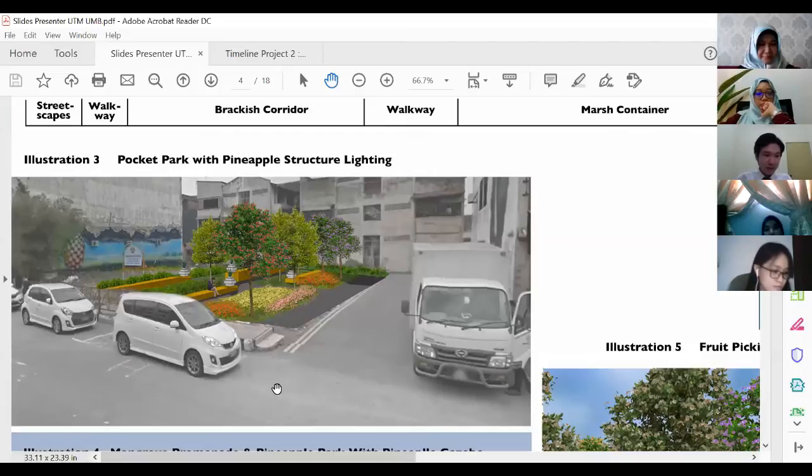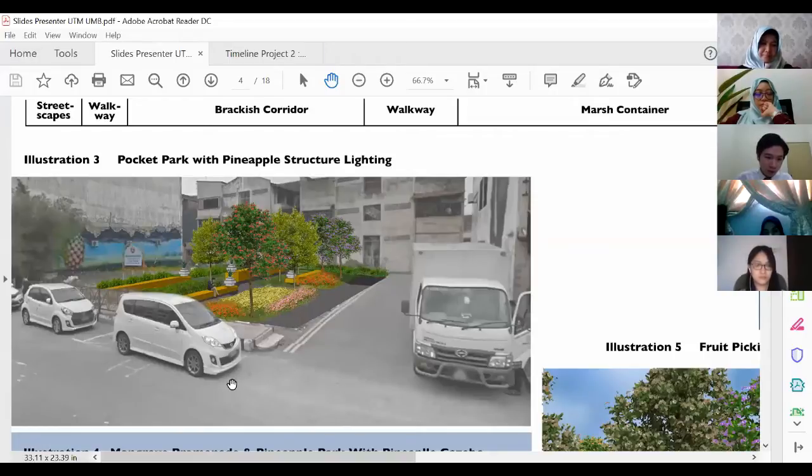So this illustration is showing the pocket park, how it fits and integrates into the existing commercial store and the urban context. I found from Google Street View that there is a mirror arc, a pineapple mirror arc, located at the commercial store.